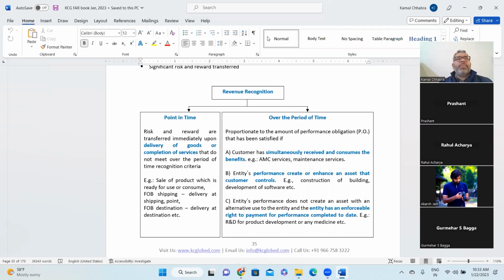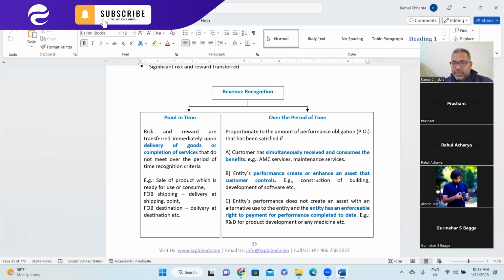Another example would be maintenance service, like in your office building, your corporate building, your malls, or your residential complex. You will see there is a maintenance service provider, right? The maintenance service provider may be providing cleaning of the building, electrician support, plumbing support, or carpenter support.